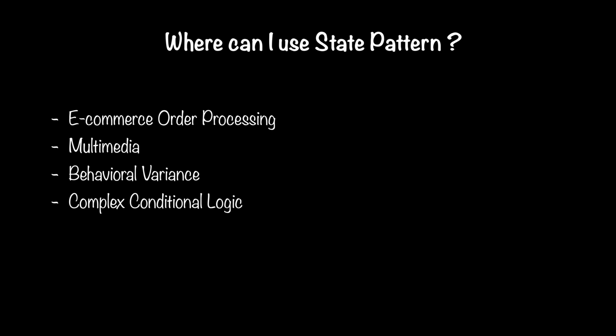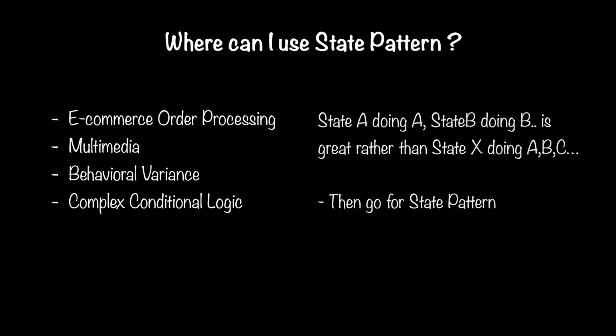You can think of it like this: if an operation is going to change the state of the machine, in those cases you can use the state pattern. Like I was saying, state A is doing operation A, state B is doing operation B, and so on. That will be a great, flexible way, rather than a single state doing all the operations.